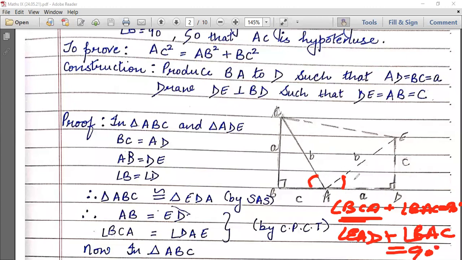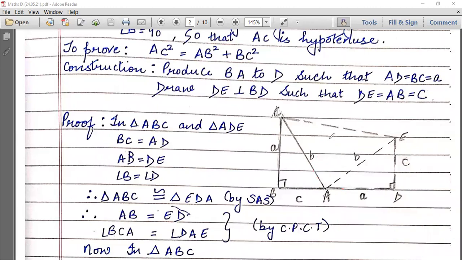Okay, so if these two sum to 90 degree, then this is also 90 degree, because in a straight line, a linear pair, the sum of angles is 180. If the two sum to 90, so definitely angle CAE is also 90 degree. Okay, children. So now your main thing is over.